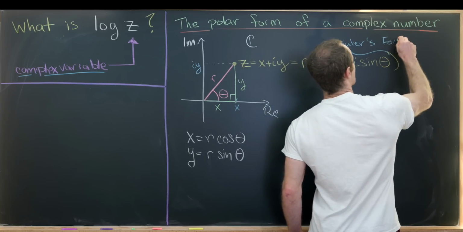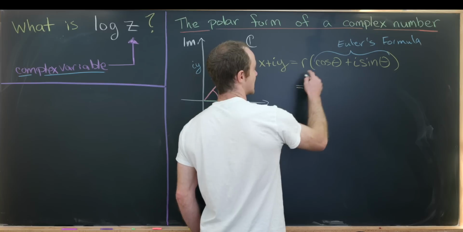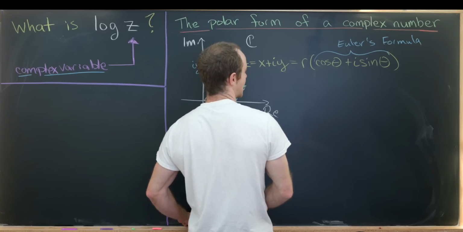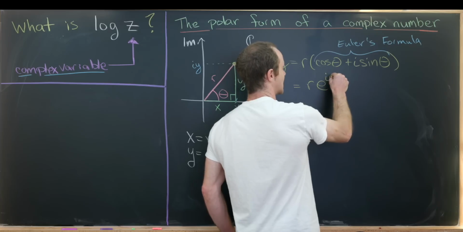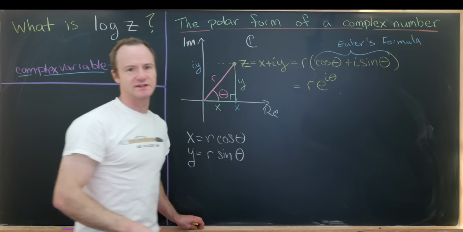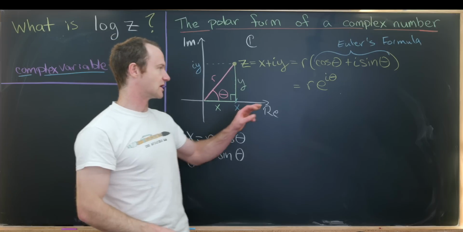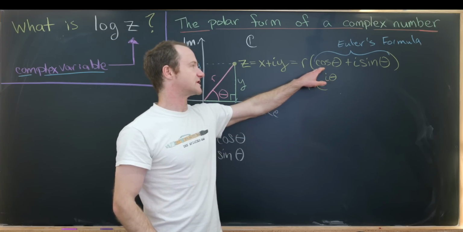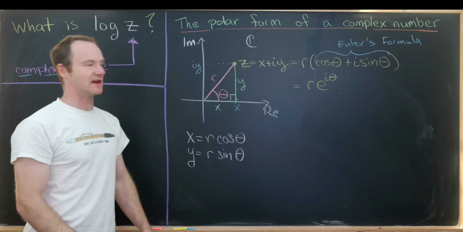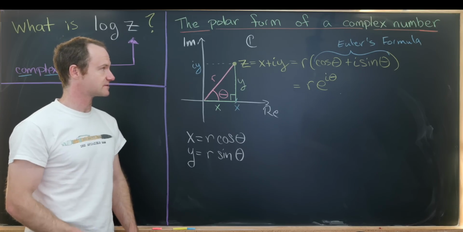And so that allows us to write this, instead of r times cosine theta plus i sine theta, as r times e to the i theta. There's lots of reasons why this works. I think maybe the simplest one is to look at a series expansion of e to the i theta versus cosine theta and sine theta. And you'll see that you get equality of every term of that sequence.